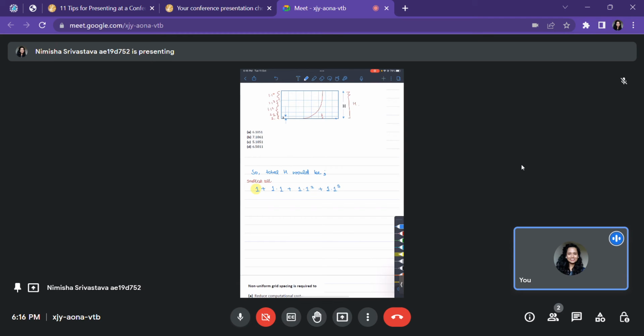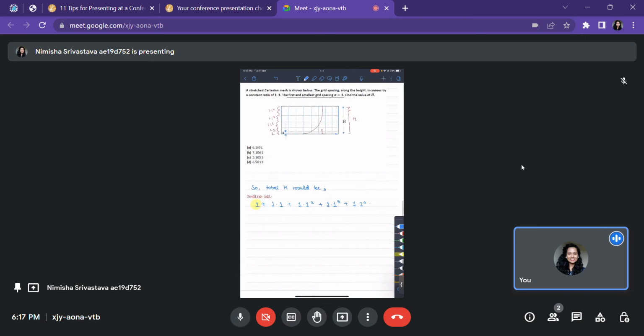Then 1.1 cube plus 1.1 to the power 4. You see, we have 5 cells over here and we have the length of all 5 cells. So computing that, let's see what that comes up to. It's 1 plus 1.1 plus 1.1 square plus 1.1 cube plus 1.1 to the power 4.